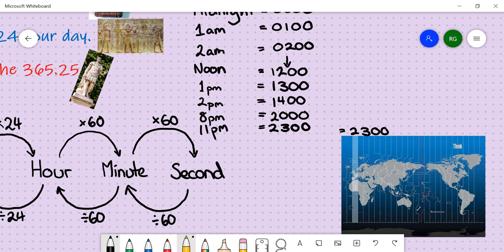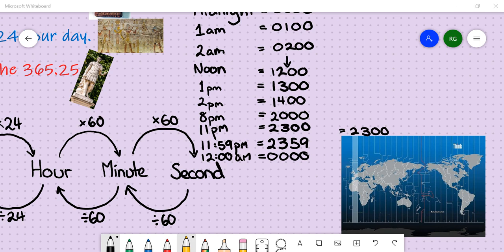And then let's say at 11:59 p.m., so 1 minute before midnight, we would write that as 23:59. 1 minute later, we're back to where we started. So 12, it becomes AM. We're back to 0000. So we never see 2400. We just restart back to 0.